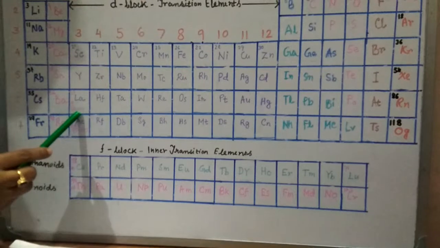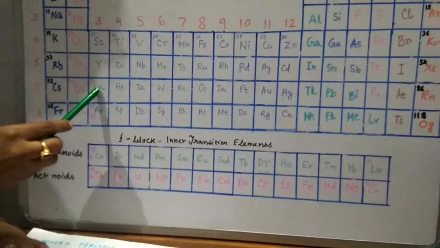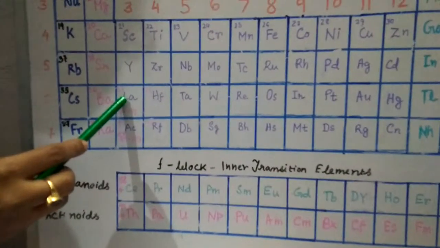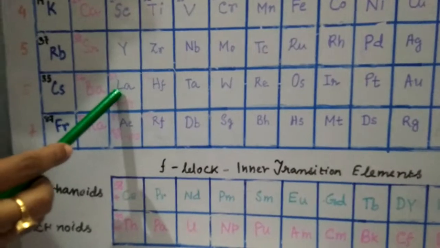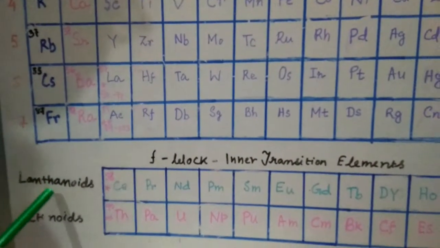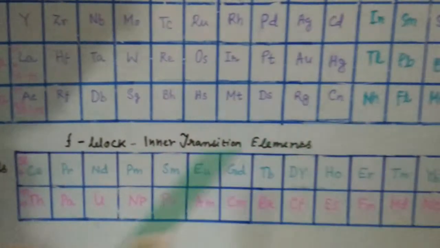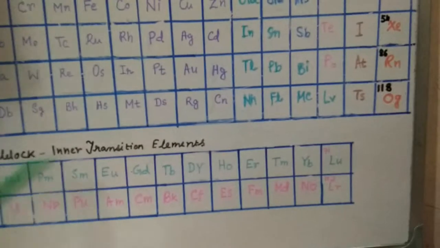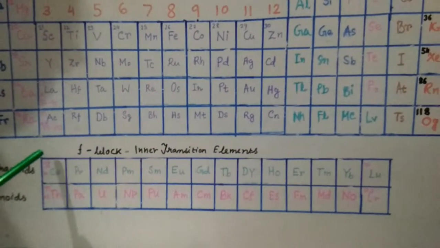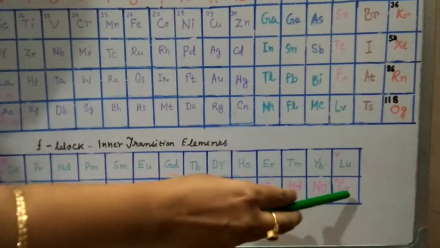And here you see in period 6 we have the lanthanides, and in period 7 we have the actinides. The lanthanoids are cerium to lutetium, from atomic number 58 to atomic number 71. And here we have elements from atomic number 90 to atomic number 103.